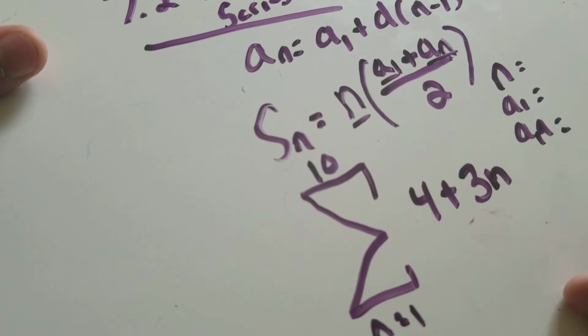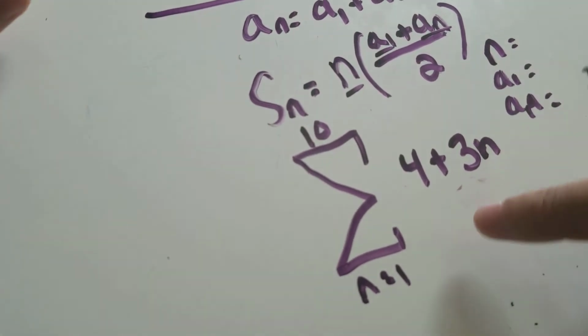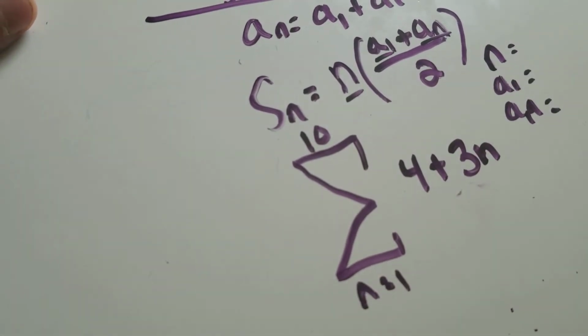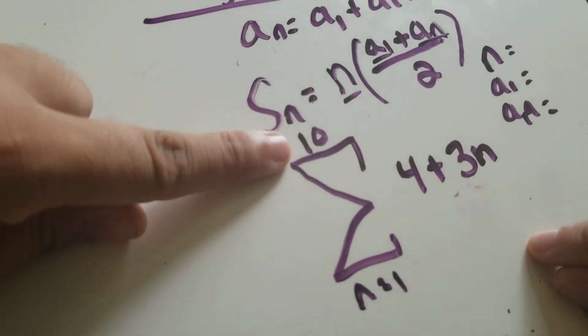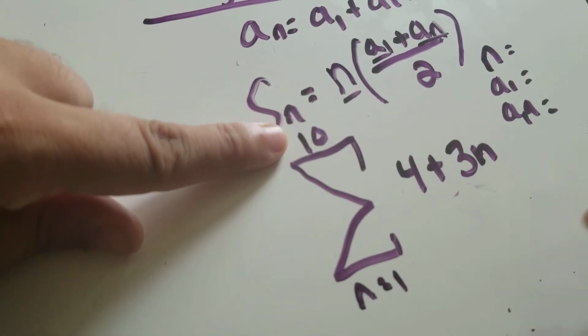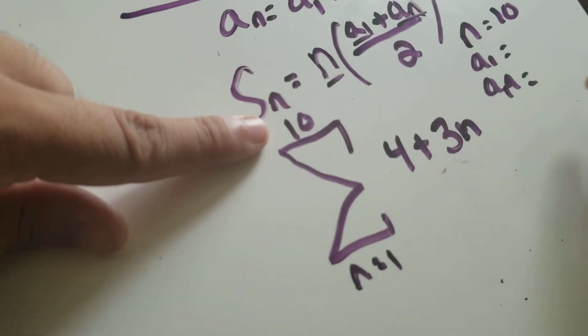So how do we figure out those guys? First one is n. n is how far am I going? I look at this picture and try to figure out, how do I know what my last step is? The last step you're going to is the top of the sigma. So your n is always the top over here. So that's 10. Now I need to find a of 1.